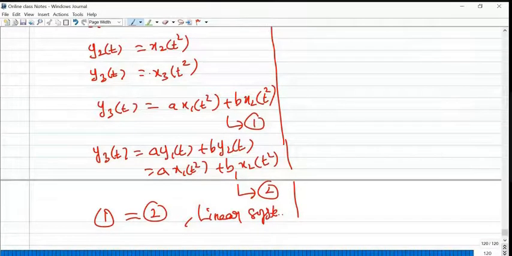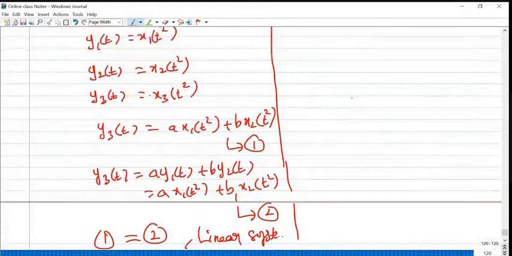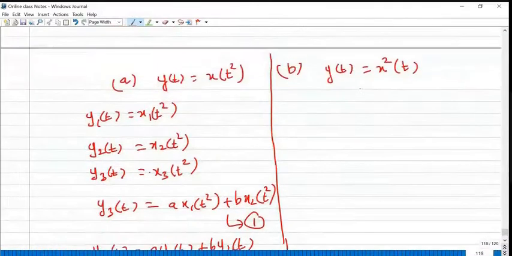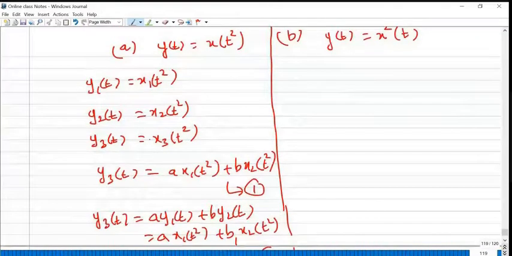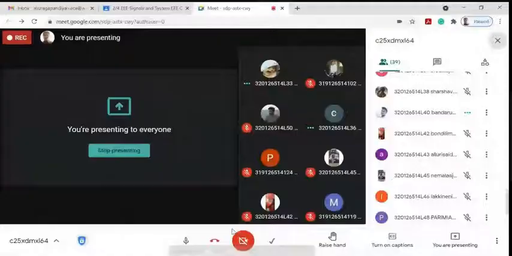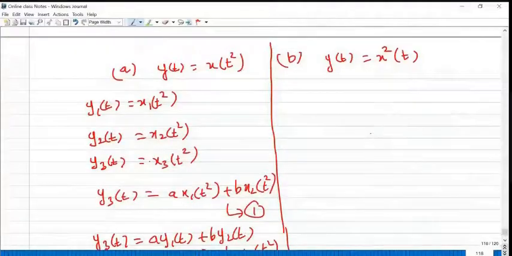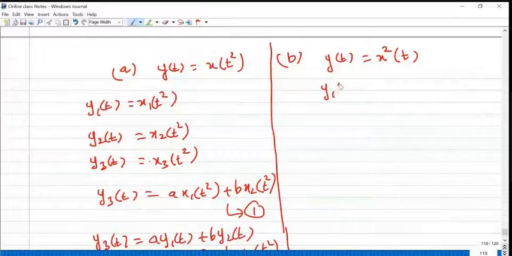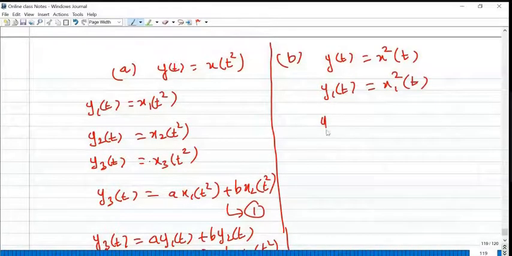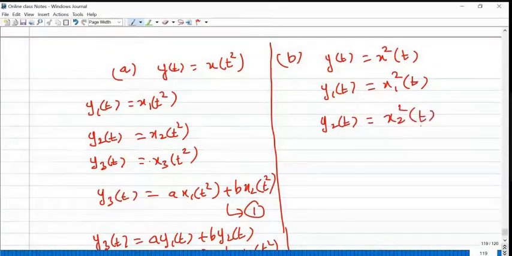Okay. After the y3 x3 relationship, x3 of t is replaced by a x1 plus b x2. So here y of t equal to x square of t. Y1 of t equal to x1 square of t. Y2 of t equal to x2 square of t.